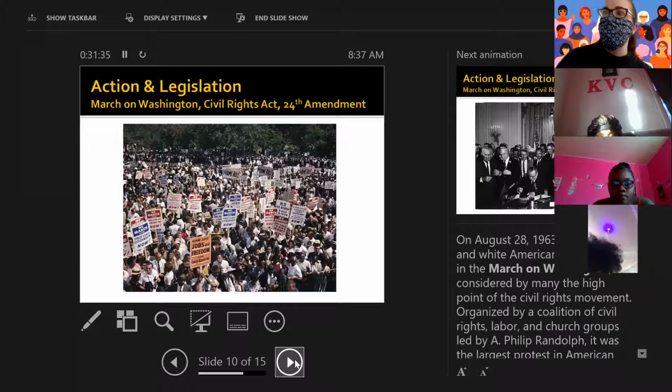And so later in the summer, on August 28th, 1963, 250,000 Black and white Americans marched on Washington. And this is often called the high point of the civil rights movement.